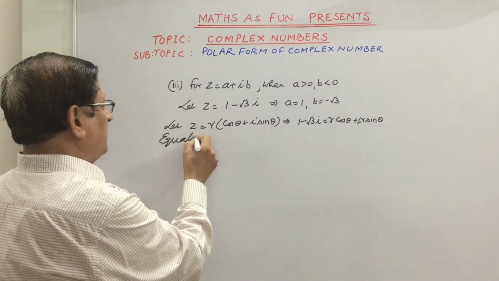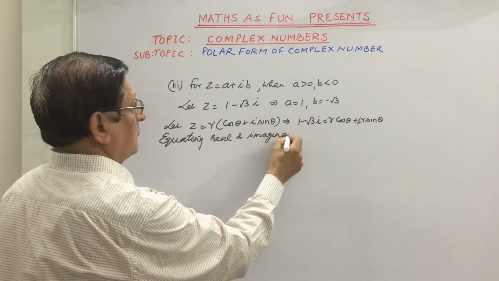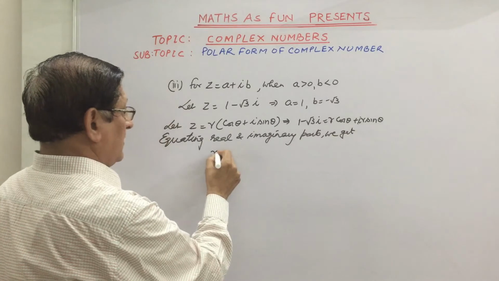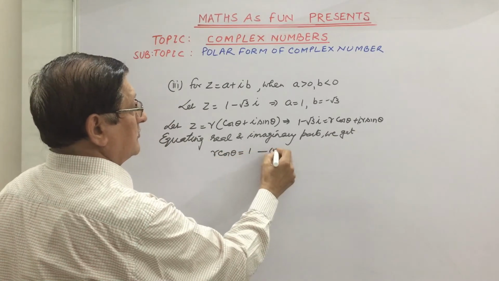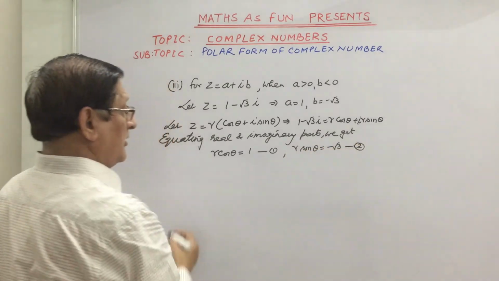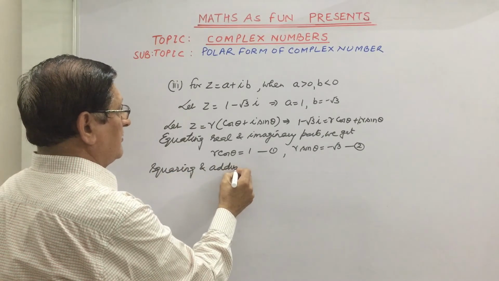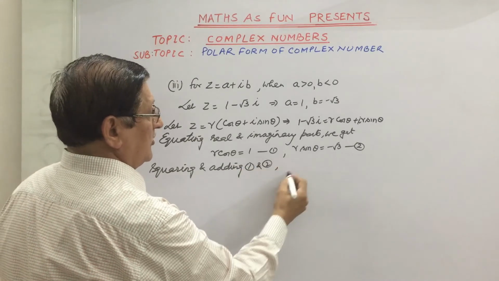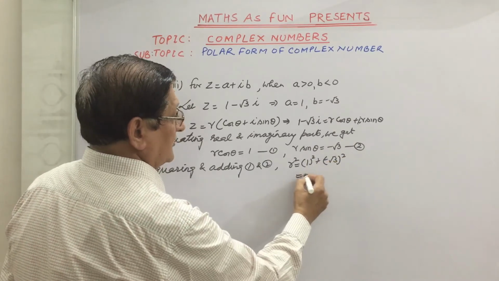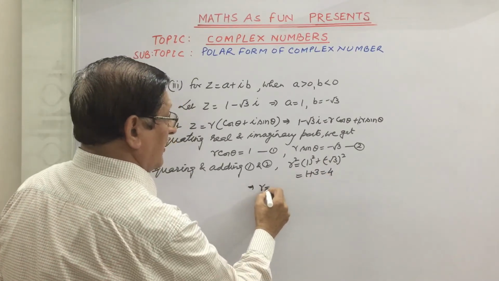Equating the real and imaginary part, we get r cos theta equal to 1 and r sin theta equal to minus root 3. If we square and add them, squaring and adding 1 and 2, we get r square is equal to 1 square plus minus root 3 square. That is 1 plus 3 equal to 4. It means we get r equal to 2.